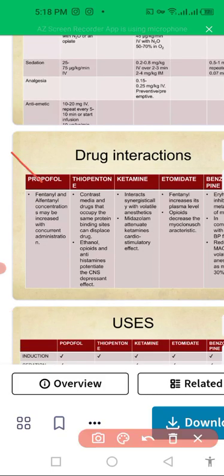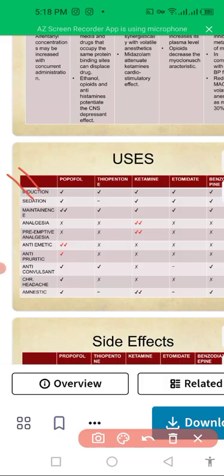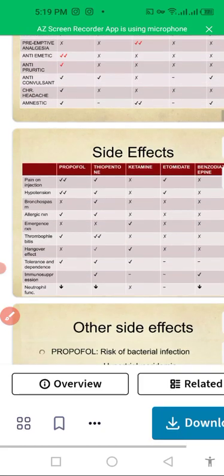Now propofol has an interaction with fentanyl, and we have to take care of that very carefully. Propofol is used for induction, sedation, and maintenance as well. It can be used as an anti-emetic or anti-pyretic medication. We use ketamine for analgesia and preemptive analgesia, and benzodiazepines we can use for induction, maintenance, and sedation as well.